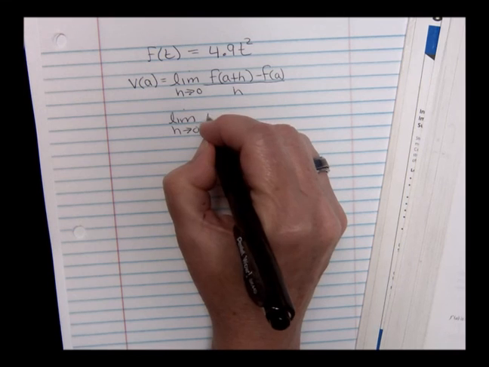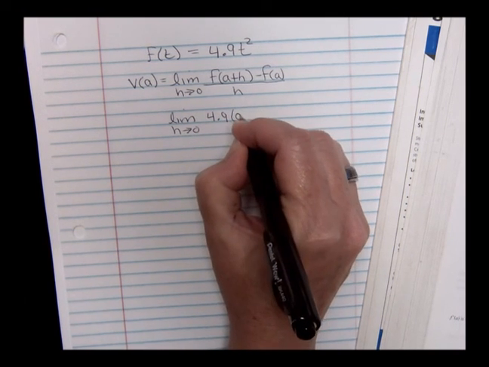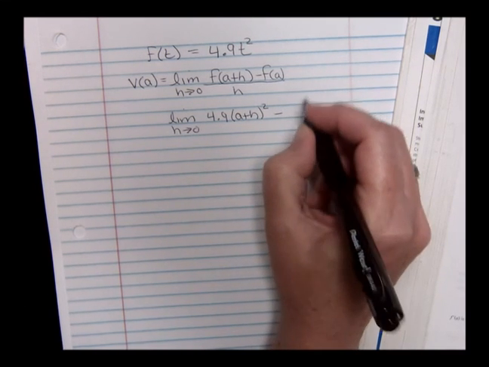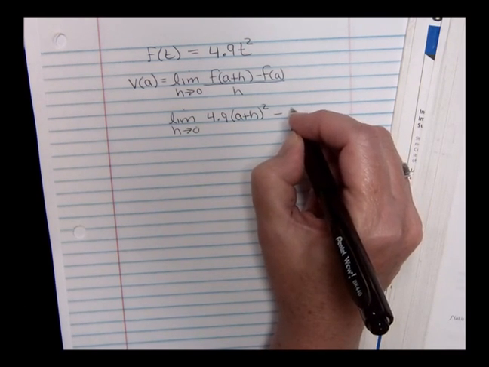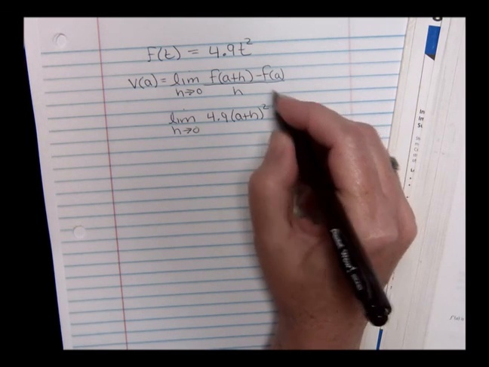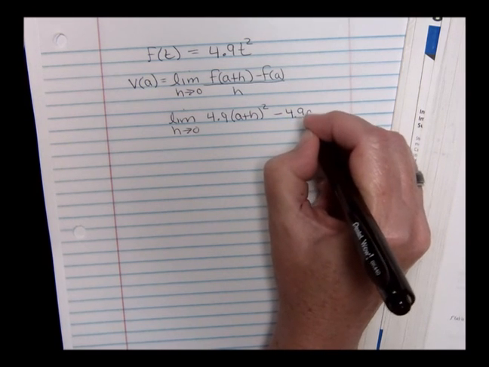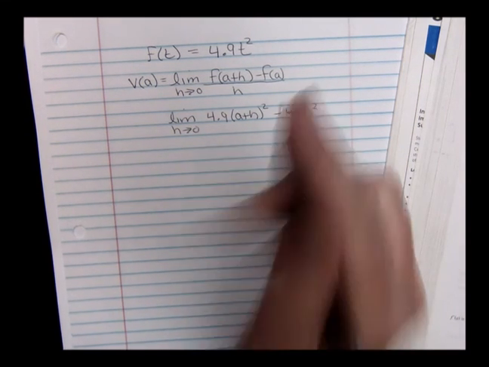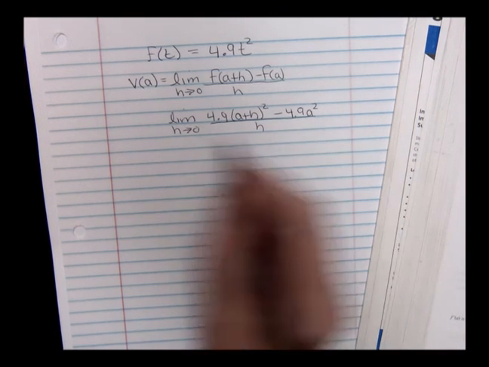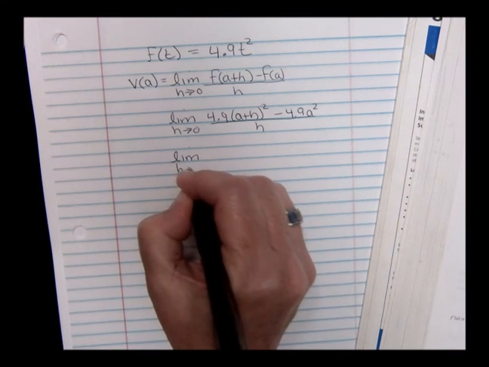I'm going to substitute this in for t. So I have 4.9 times a plus h squared minus f of a. So if I just plug my a in, 4.9 a squared. Okay, all of this is over h. So now I have my limit as h approaches 0.